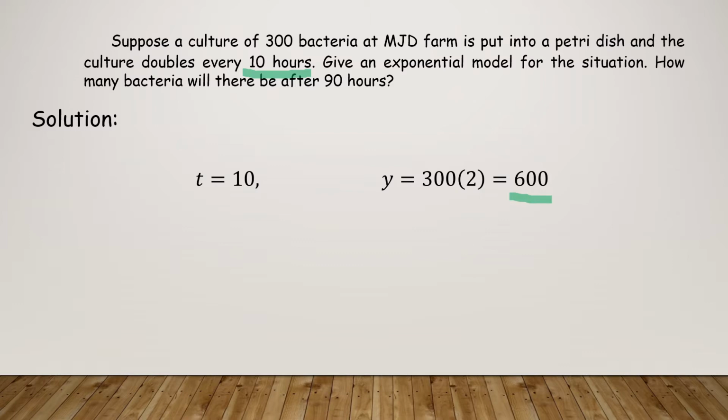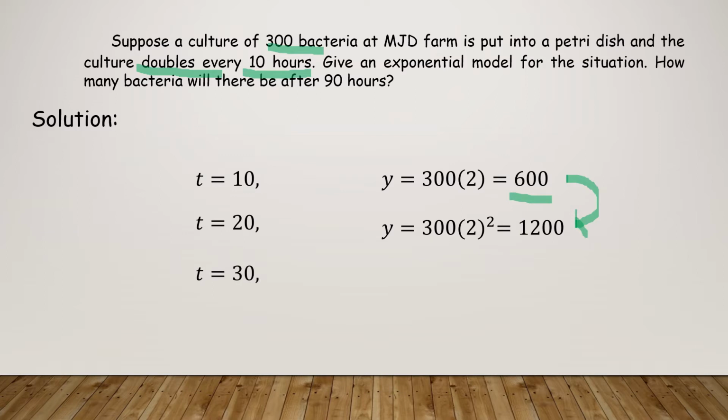So initially, let y be the number of bacteria. Initially, meron tayong 300 bacteria. Y times 2 because sabi dito, it doubles every 10 hours. So after 10 hours, meron na tayong 600. So when the time t is equal to 20, we have 300 times 2 squared, which is equal to 1,200, or 600 i-double lang times 2, which equals 1,200.